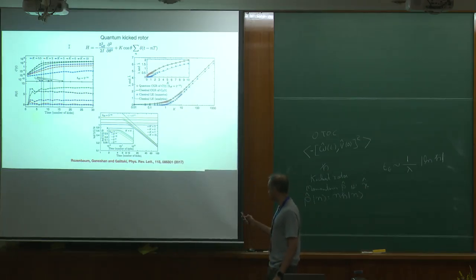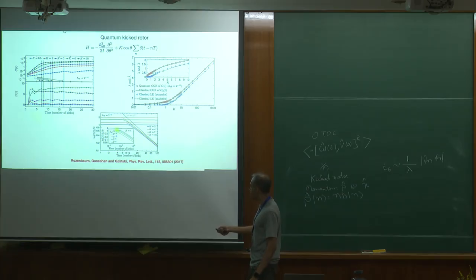And that is something that you can see in this plot here, like I showed you again in the last lecture: as you increase the value of h bar, the time scale over which the spreading happens, the Ehrenfest time, decreases. So for the smallest value of h bar, you have the largest Ehrenfest time.